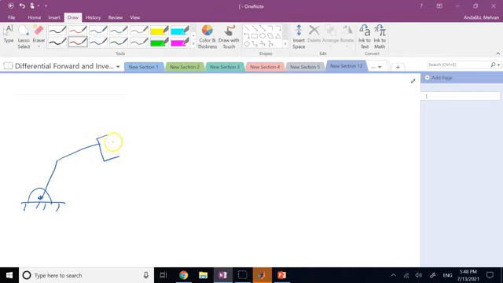If the end effector moves like this, you have some x of the end effector dot and some y of the end effector dot. These are the components of the velocity of the end effector in base. And these angles, as you know, this is theta 1, and this is theta 2.